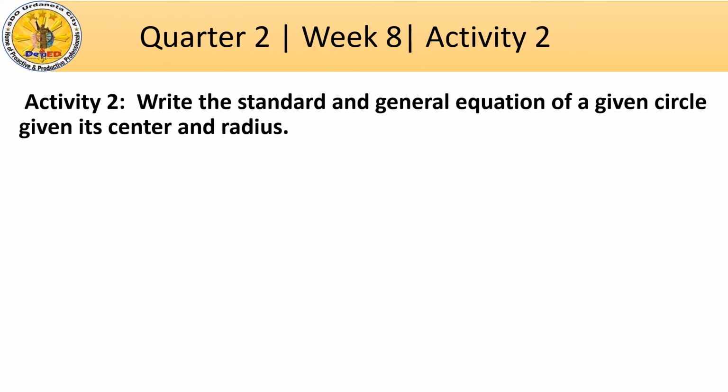Activity 2. Write the standard and general equation of a given circle given its center and radius. So example, the center is 2 and negative 8. The radius is 9.